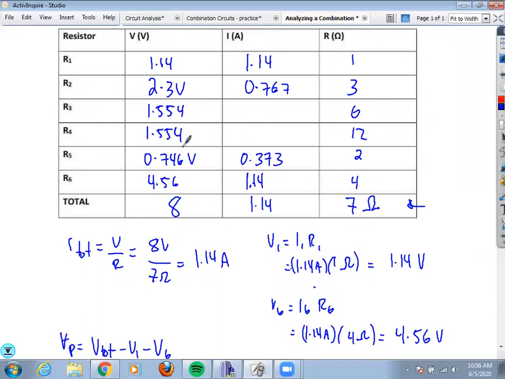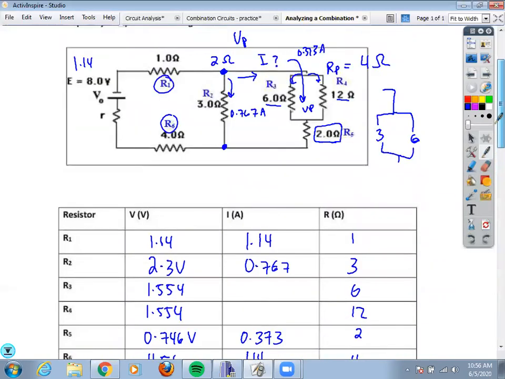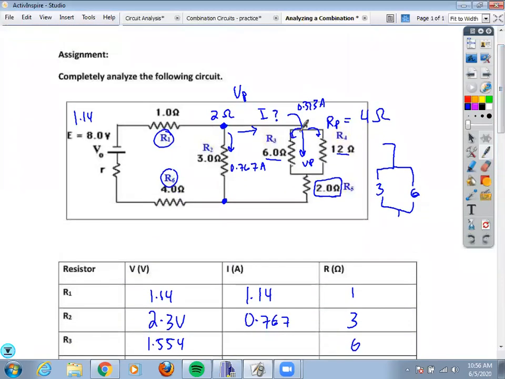And if we add the 1.554 and the 0.746, we should get 2.3. Okay. Now what's left is Ohm's law to find I3 and I4, which works out because we know the current is going to be split between R3 and R4.